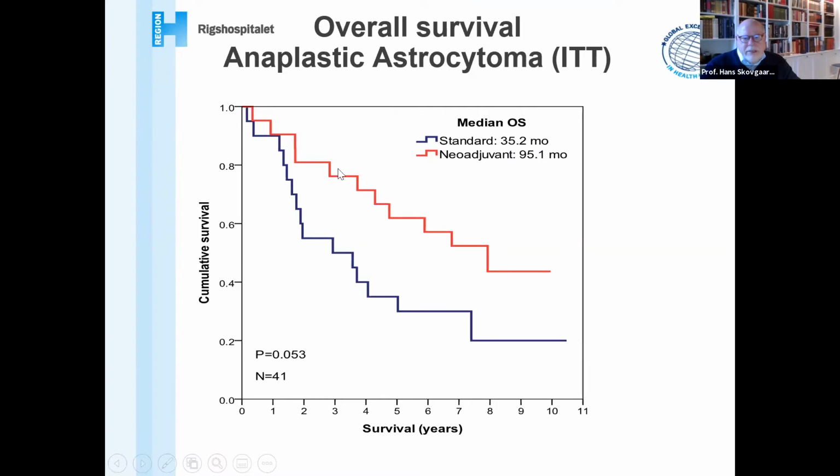So this is the chemotherapy group, and this is the radiation alone group. So there is a factor 3 difference in median survival.